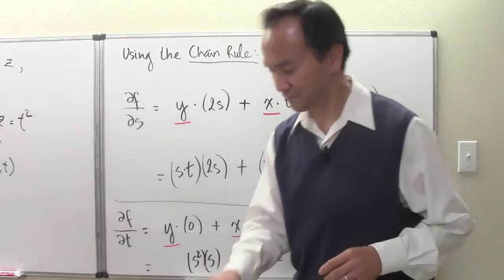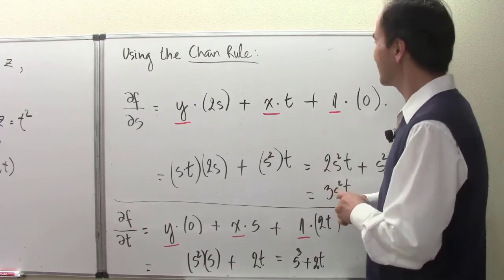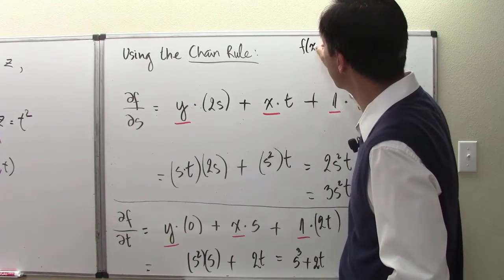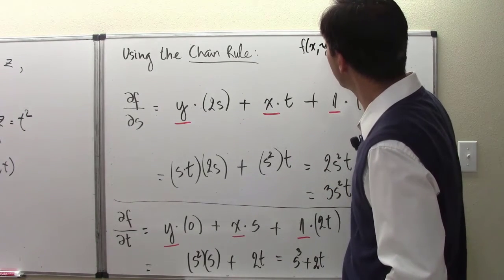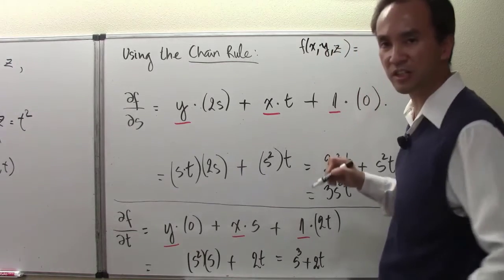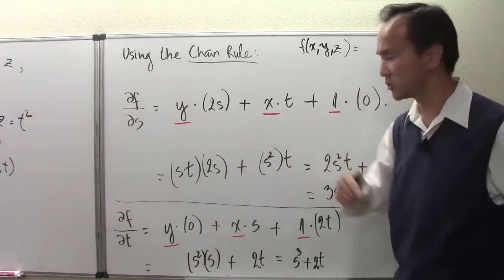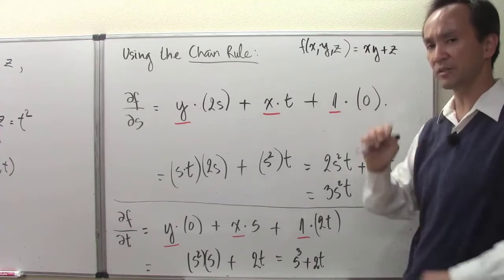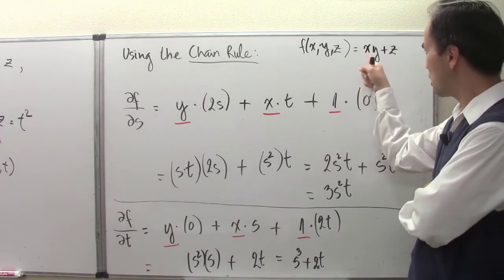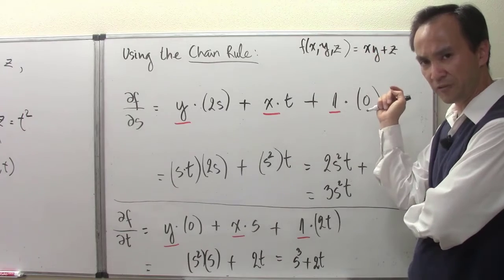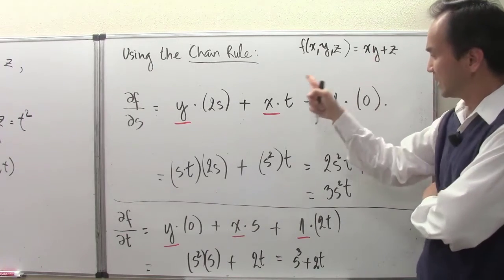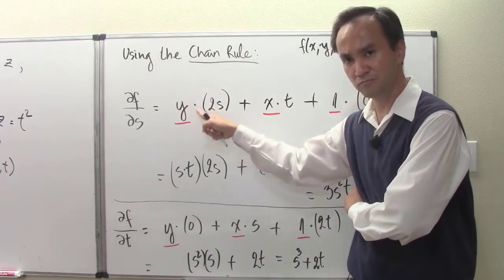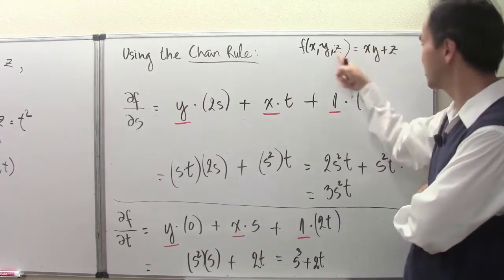Okay, so think about our function from the beginning. I'm too lazy to swing back and forth between the 2 boards, and I don't want to waste anyone's time by seeing me switch back and forth. So I'm just rewriting the original function here in terms of x, y, and z. So xy plus z, that's my original function. So how is that lone variable here related to the beginning function?